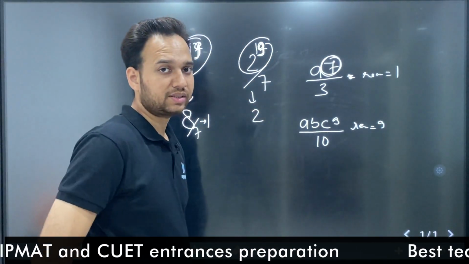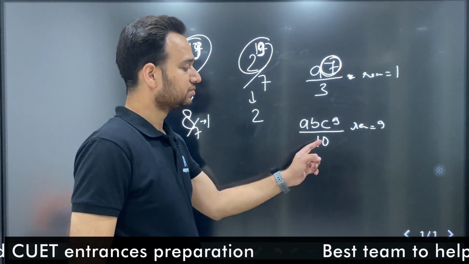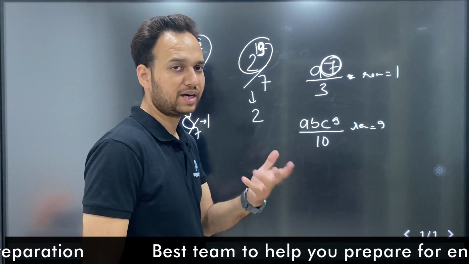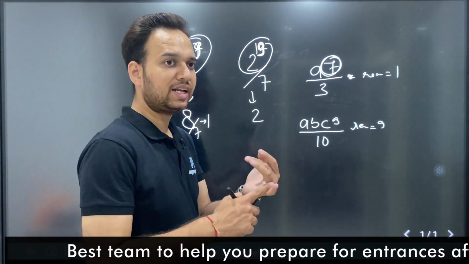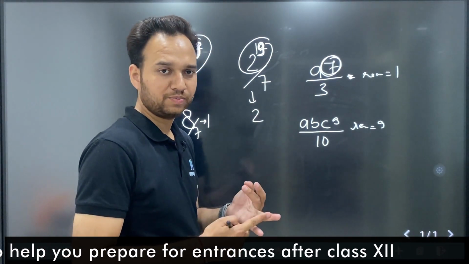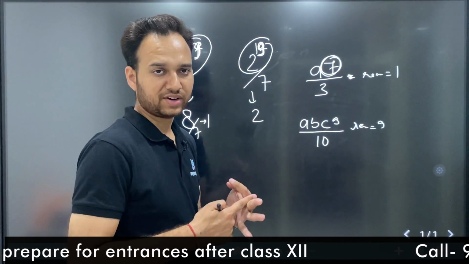Why did that happen? Because in case we calculate the remainder by 10, 81 will give you remainder 1, 92 will give you remainder 2, 45 will give you remainder 5.